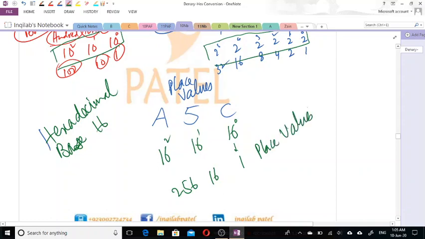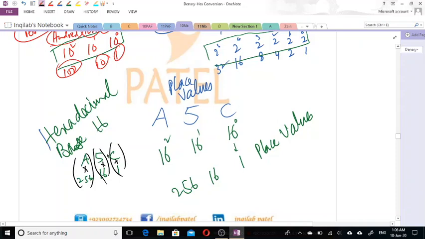for a hexadecimal number. Now if we are asked to convert a hexadecimal number into denary, firstly we write down the number, like here, A5C. We write down the place values 1, 16, 256. Then we multiply each digit by its place value, and then we calculate the sum.